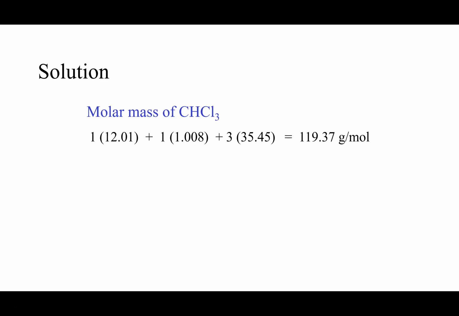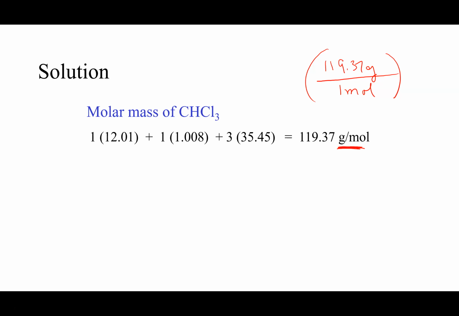Grams per mole, exactly. I've been harping on this: you cannot use that just straight up like that. I would think of it as 119.37 g, for grams, over 1 mole, because then I know it's my conversion factor.